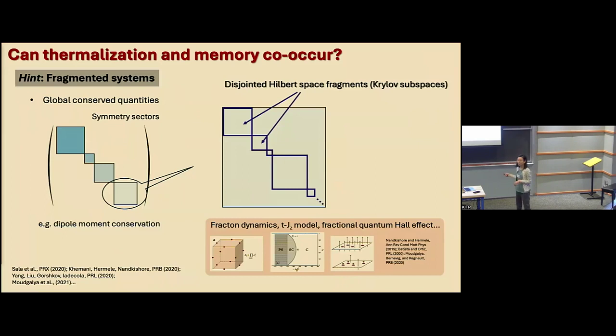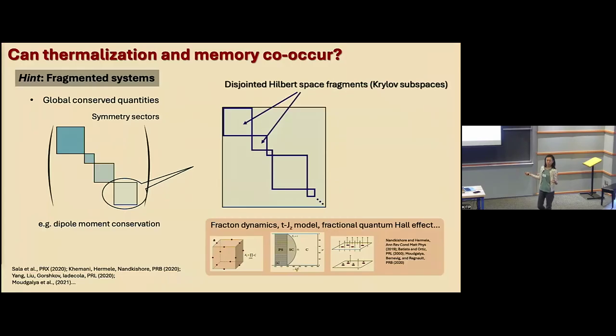Symmetry sectors chop up your Hilbert space into polynomially many disjointed subspaces. But this is exponential with the array size or the system size, and this sort of exponential fracturing can sometimes even occur within a given symmetry sector.